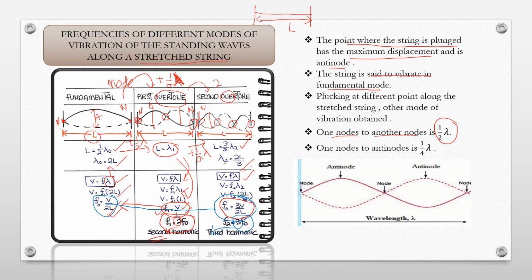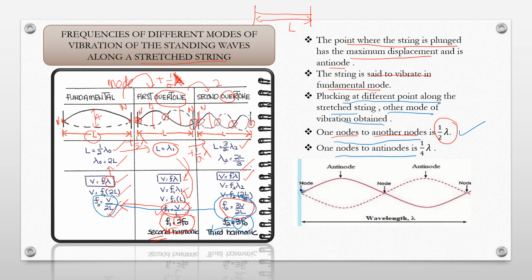Let's look at this other extra information. Plucking at different points along the stretched string, other modes of vibration are obtained: first overtone, second overtone. One node to another node is half lambda. One node to another antinode is quarter lambda.